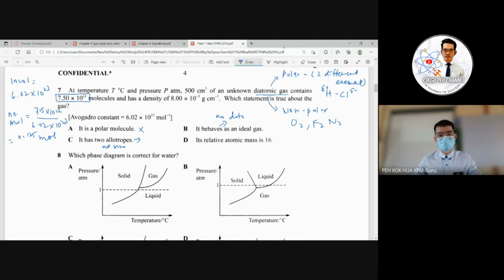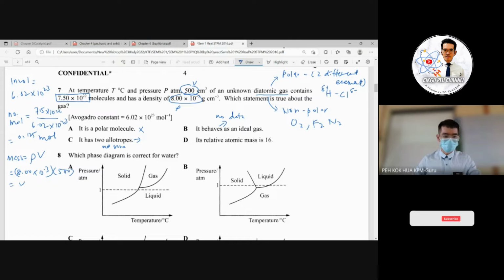Okay, so here another piece of information is given, the density and also the volume, so that we can get the mass. So mass will be equal to density multiplied by the volume. So density here will be 8 times 500. So we get 4 grams.